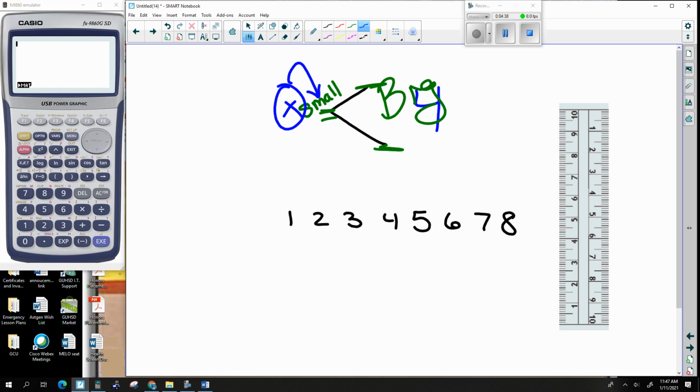Numbers smaller than 4 would be 3, 2, 1, everything smaller than 4, and that would describe this x. So again, try not to think of it like the little shark eats the big shark and the alligators get involved, because that gets really convoluted and hard to understand sometimes.